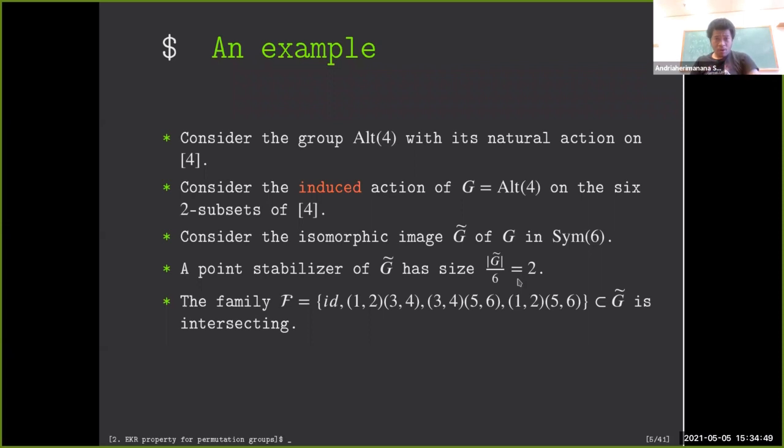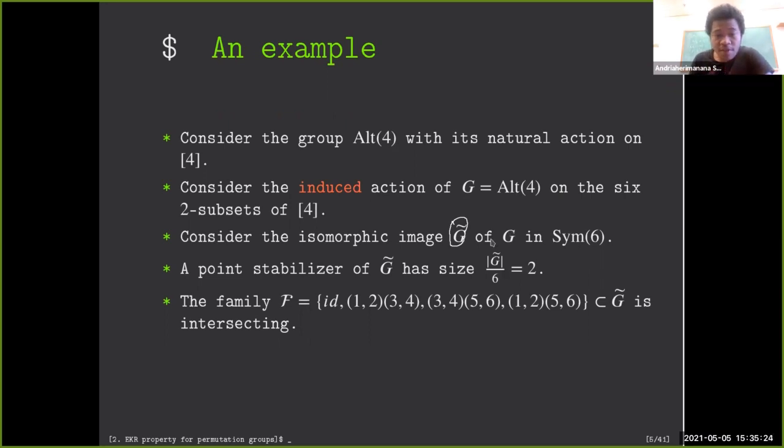We can actually easily construct an example. We take the alternating group with its natural action, and then we look at the induced action on the two-subsets of the set of size 4. There are 6 of these. Now we look at the isomorphic image of this group G with the induced action in Sym(6), call it G tilde.